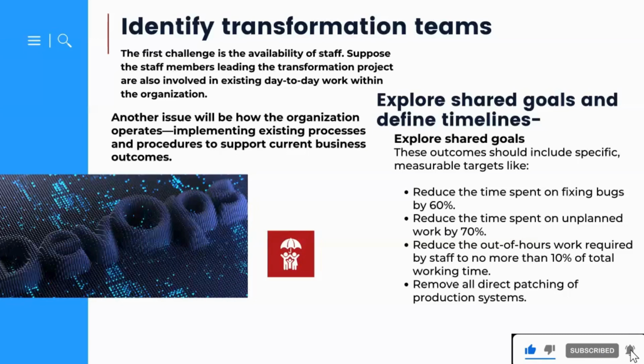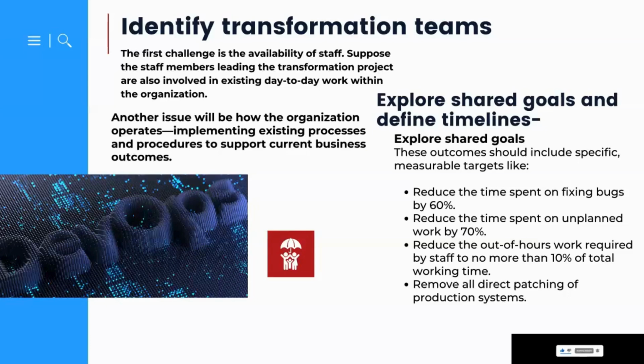So the first is the availability of staff. Suppose the staff members leading the transformation project are also involved in existing day-to-day work within the organization. It will be a challenge to focus on the transformation when their role directly impacts customer outcomes. So this is what we all know. A desperate situation involving a customer will always win over a long-term project like DevOps transformation.